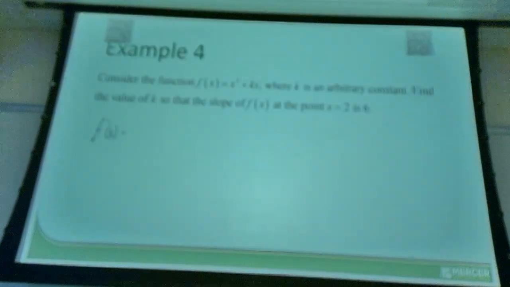What's f prime? 3x squared plus k. We want the slope at 2 to be 6.